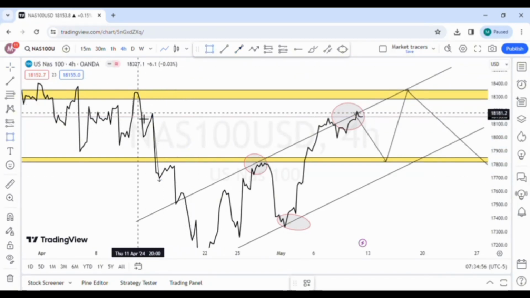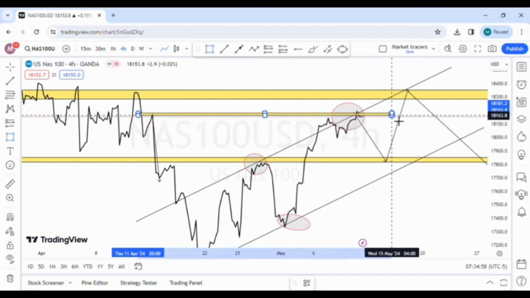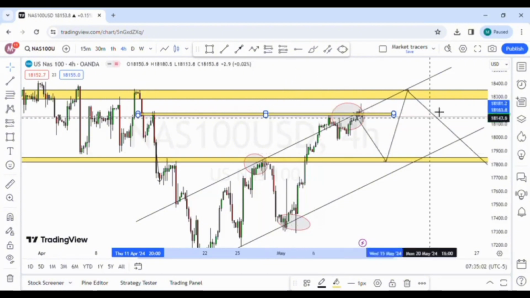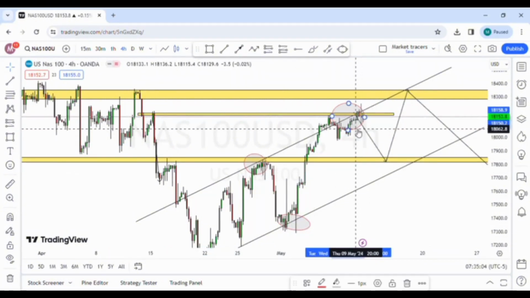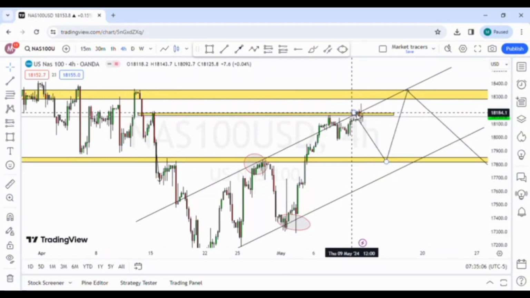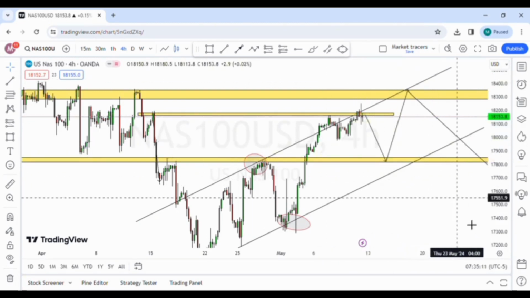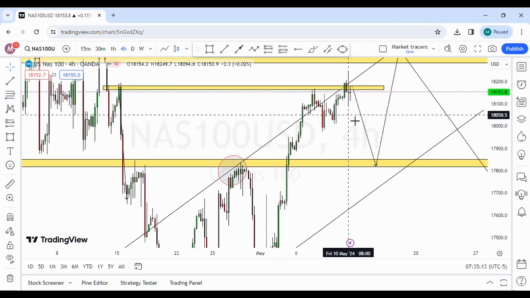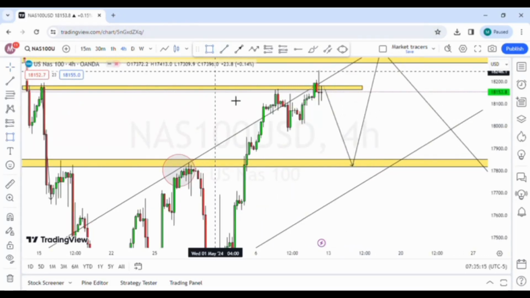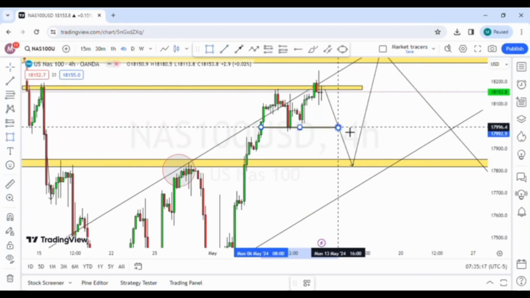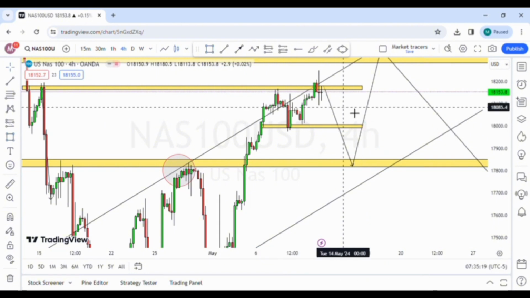If you highlight that level, you will see that it also serves as a confirmation for us that the market is aiming to move to the downside, and we also have our minor support zone right around this level.